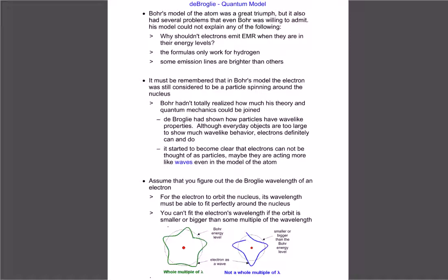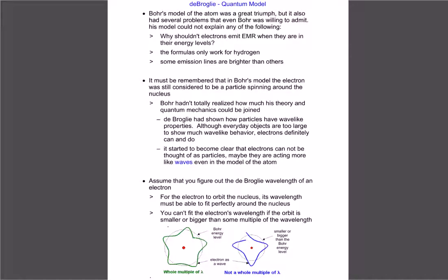So at the time, Niels Bohr didn't realize how much quantum mechanics and his theories could have been linked together. He showed that the electrons were in orbit, but using deBroglie's idea, those electrons are traveling in a wave pattern. So the key idea is to merge those two ideas together to say, well, maybe the electrons are not really particles, we're actually thinking of them as waves.